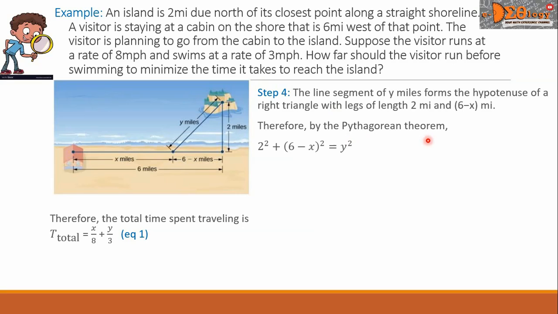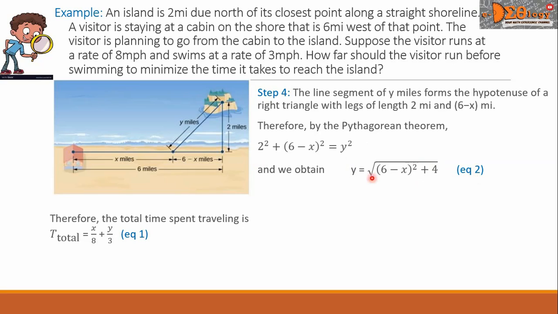Therefore, by the Pythagorean theorem, we can write 2 squared plus the square of the quantity 6 minus x equals y squared. Simplifying this, we get y equals the square root of (6 minus x) squared plus 4. This equation here we regard now as equation 2.